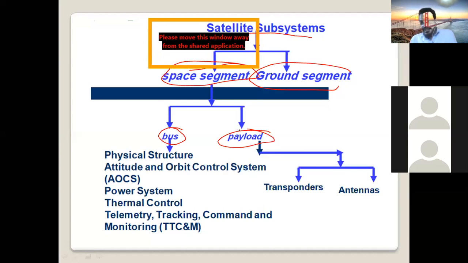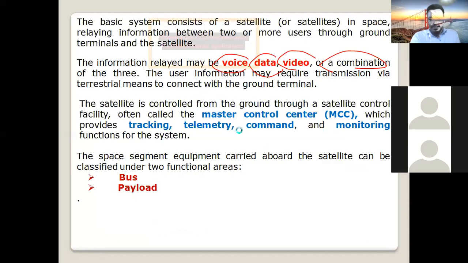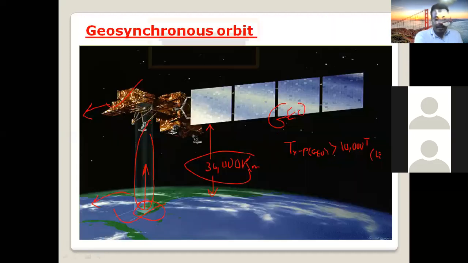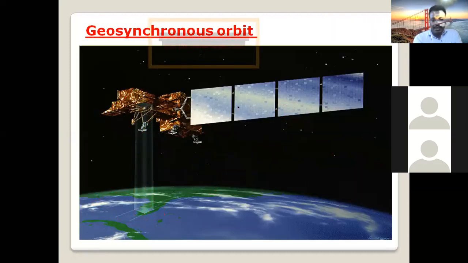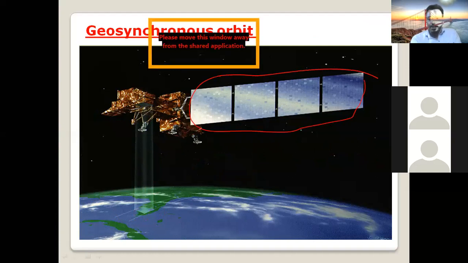But the satellite, as you know, we put in orbit does not only contain communication equipment. There are additional components. When you see this geosynchronous satellite here, you see these 4 solar panels. They are not used for communication purpose. They are used for power supply, because this device is in space.